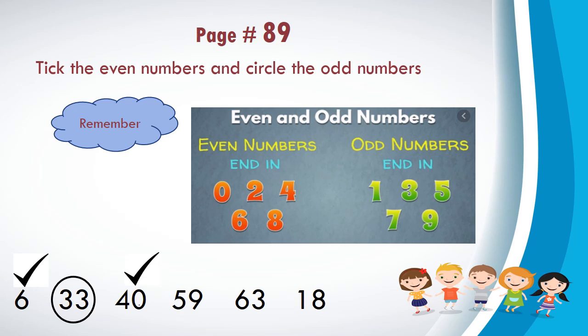The number 59 ends in the number 9, so it is an odd number. We circle it. Number 63 ends in the number 3, it is an odd number. We circle it. And number 18 ends in the number 8, it is an even number. Yes, we take it.